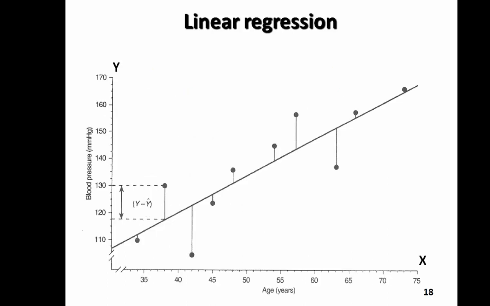And in this example, we examine the relationship between blood pressure and age in years. And so we see that this relationship through this analysis is best described as a straight line and is a direct or positive correlation between these two variables, indicating that blood pressure is positively correlated with age.